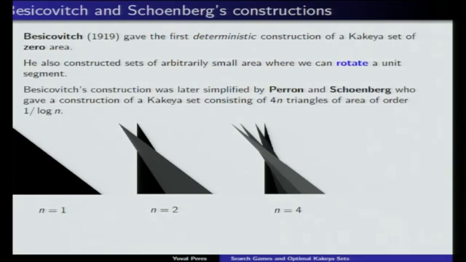If this is a right triangle and the base has length 1, then of course you have 45 degrees. And then if you take a union of 4 rotations of this, you'll get segments in all directions. So we're going to ignore this difference between a quarter Kakeya set and a full Kakeya set. You can always take 4 rotations. So this is essentially a Kakeya set in this formal sense of containing a segment in every direction, but of course has very large area.